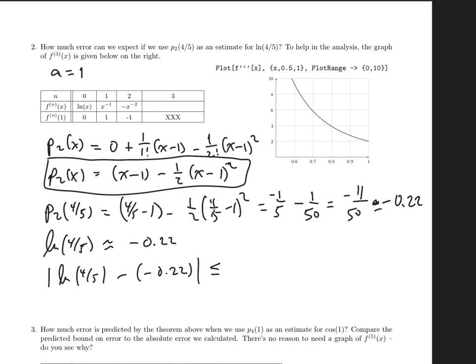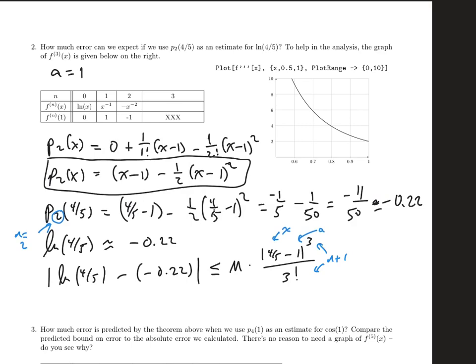And the theorem says, without actually being able to compute a log, I can use the theorem, and it says that this will be no more than the formula written out using x is 4/5, a is 1, and n plus 1 is 3. Since our approximation was the second degree polynomial, our n here is 2.